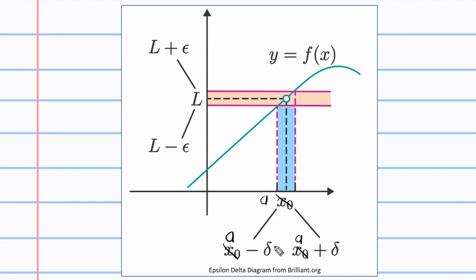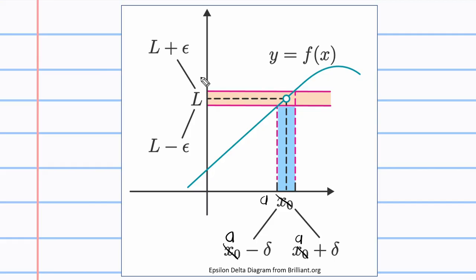So if we are able to find a delta for every single epsilon that satisfies this condition, then that means the limit exists.